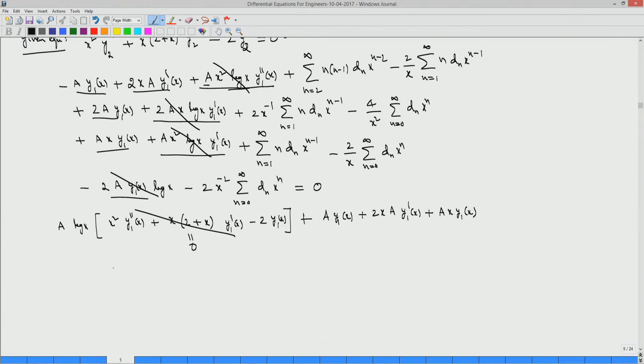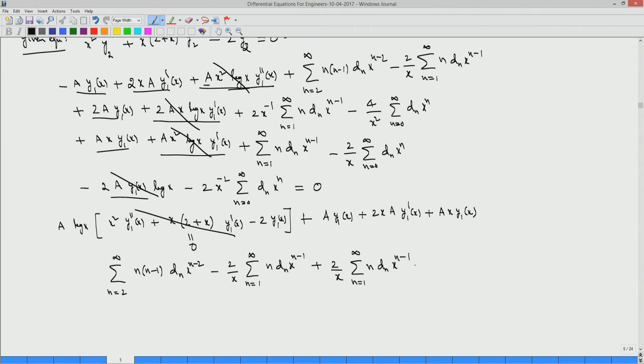So if you write this, n is from 2 to infinity, n into n minus 1 dn x power n minus 2, minus 2 by x, n is from 1 to infinity, n dn x power n minus 1, plus 2 by x, n is from 1 to infinity, n dn x power n minus 1.